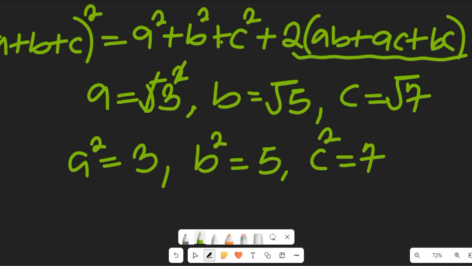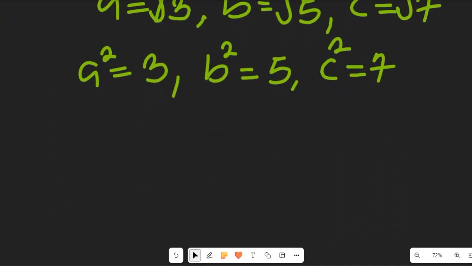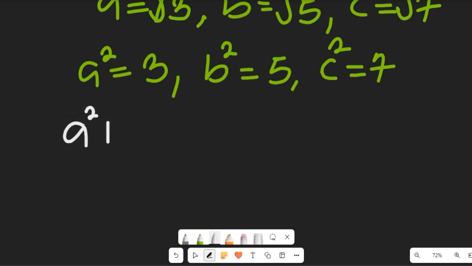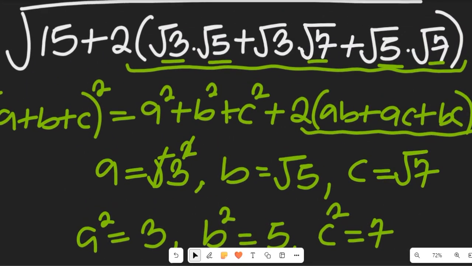So having seen this, we can now rearrange this whole thing to give us the expression we have here. a squared plus b squared plus c squared is equal to 3 plus 5 plus 7, and that will be equal to 15. So that shows us that that expression is equivalent to what we have here.